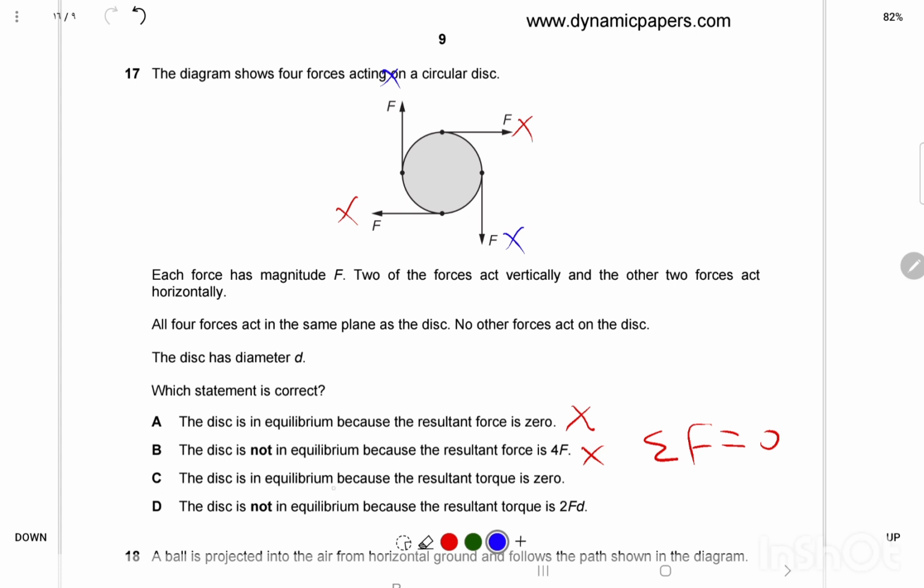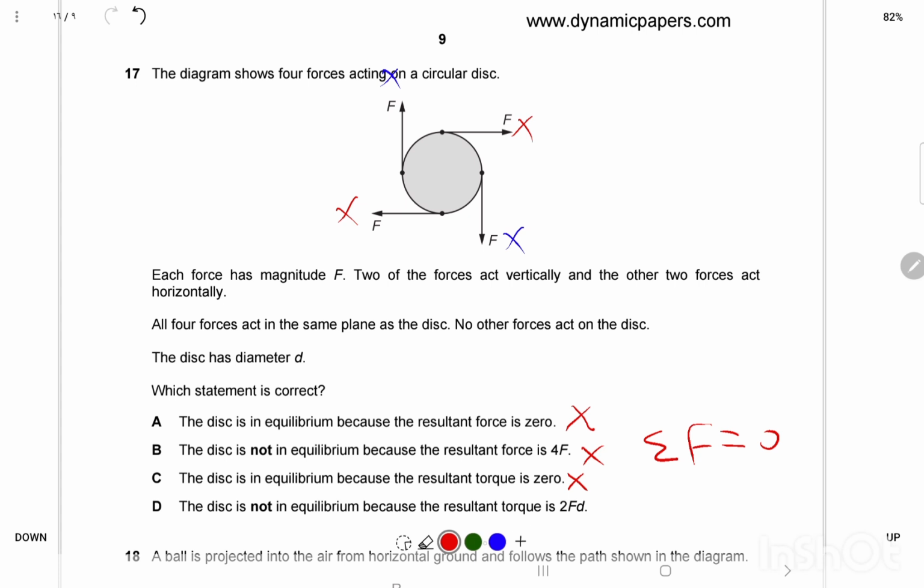Option C. The disc is in equilibrium because the resultant torque is 0. Clearly the disc here is rotating in a clockwise direction, so resultant torque is not 0. Option D. The disc is not in equilibrium because the resultant torque is 2Fd.